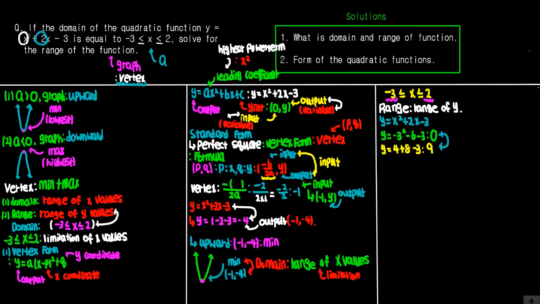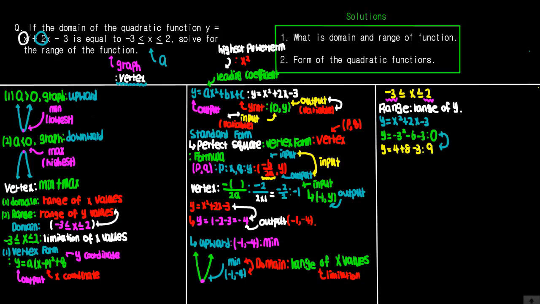So if you check it exactly, we inputted negative 3 as our value: negative 3 squared minus 6 minus 3, which is 9 minus 6 minus 3, and that was 0. And secondly, we inputted 2.